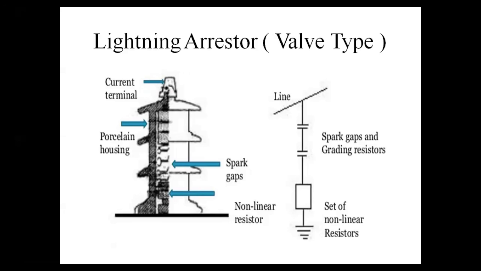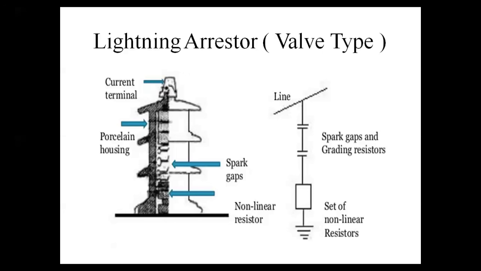The result is that the surge current will rapidly go to the earth instead of flowing in the line, and thereby it protects the other equipment from severe damage. Once the surge is over, the non-linear resistor again assumes high resistance to the flow of normal current. So this is how a valve type lightning arrestor works.